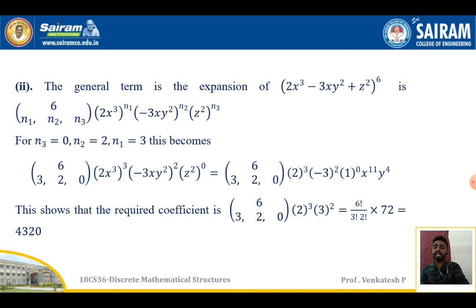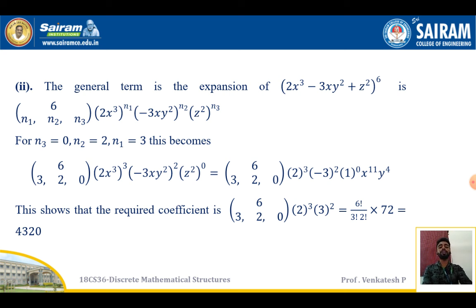After replacing n3 is equal to 0, n2 is equal to 2, n1 is equal to 3, the equation leads to 6 combination with 3, 2, 0, (2x cube) whole power 3, (minus 3x y square) whole square, (z square) whole power 0. Now by taking the coefficient of this equation, I'll be getting 6 combination with 3, 2, 0, 2 power 3, 3 square.